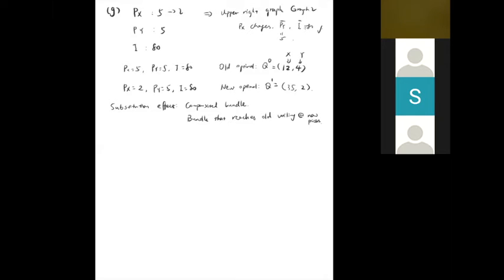And we know that the old utility is just the utility at the old optimal. At the old optimal, Q0 equals 12.4, on graph 2, which is the upper right graph, we see that the utility equals 8.